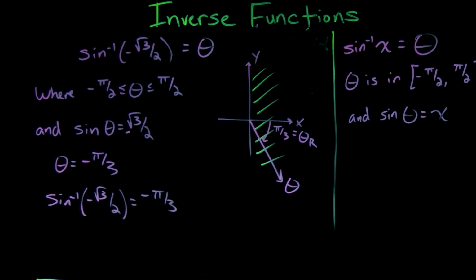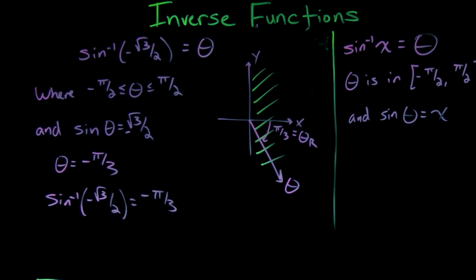Okay, so one last thing I want you to note. There are all sorts of different angles that have a sine value of negative square root of 3 over 2, right? So for example, 5 pi over 3, which is coterminal with negative pi over 3, or even 4 pi over 3, which would be in the third quadrant. None of those angles are the inverse sine of negative square root of 3 over 2 because they don't meet this first criteria.